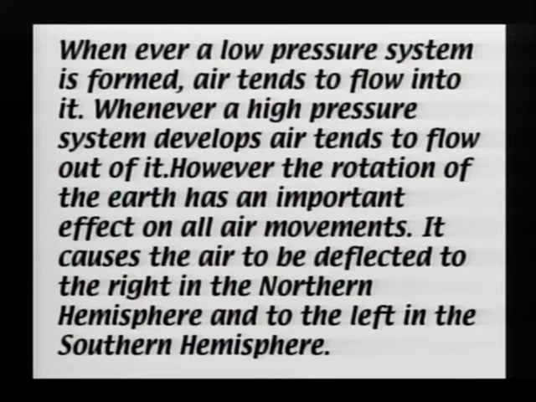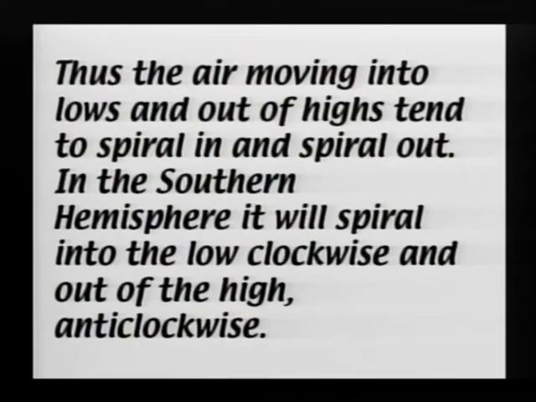However, the rotation of the earth has an important effect on all air movements. It causes the air to be deflected to the right in the northern hemisphere and to the left in the southern hemisphere. Thus, the air moving into lows and out of highs tends to spiral in and spiral out. In the southern hemisphere, air will spiral into the lows in a clockwise direction and out of the high in an anti-clockwise direction.